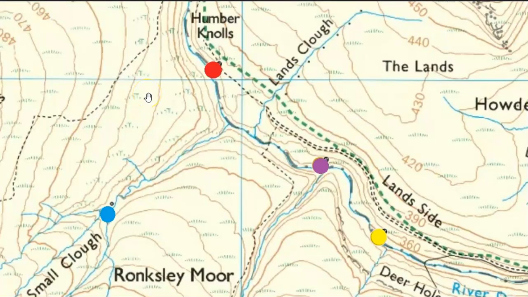Zoomed in on the map again, at red we can see, yes, we've got wider spacing of the contours immediately on the left hand bank and then getting close together further up slope, so that fits. Purple, well, that's the opposite. We've got very steep ground coming down on the left hand bank there and further apart on the right, so again that puts a question mark over purple.